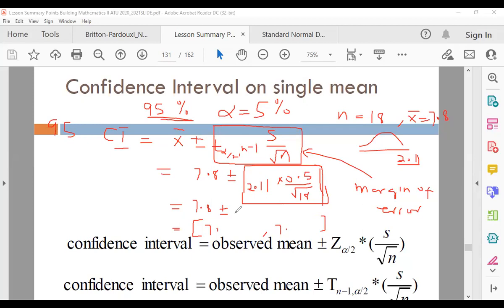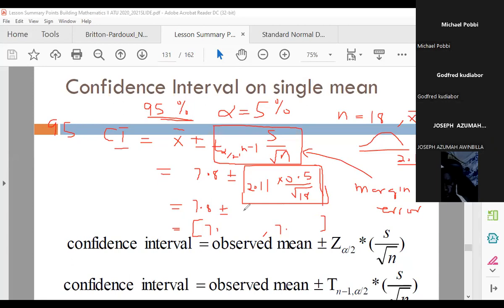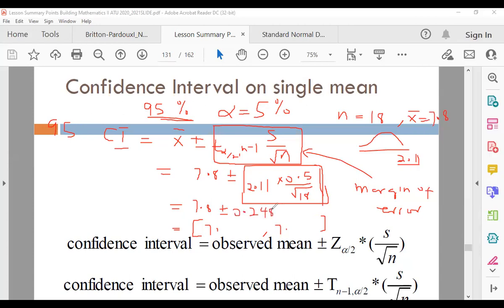So this gives us 0.248, or 0.25 if you like. So we subtract it from the sample mean and add it to the sample mean. You get it?